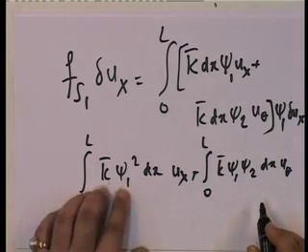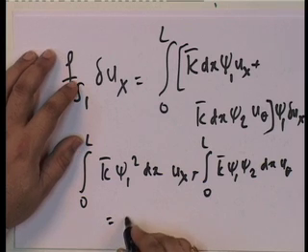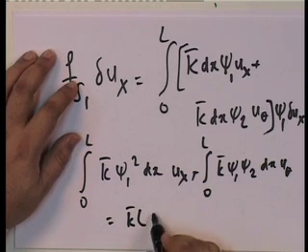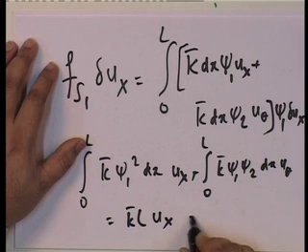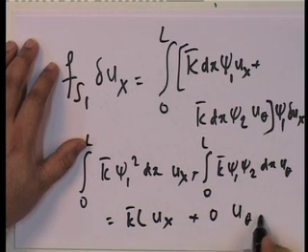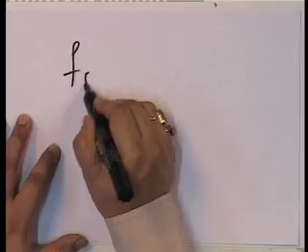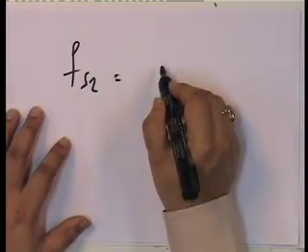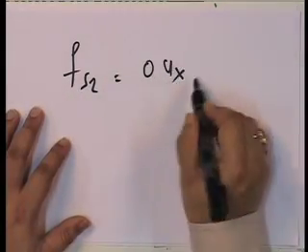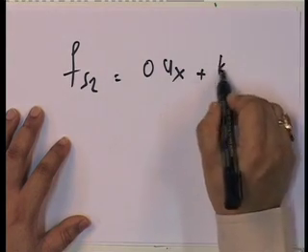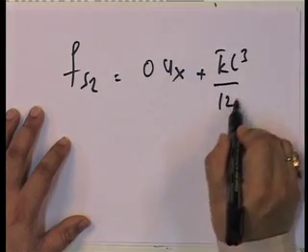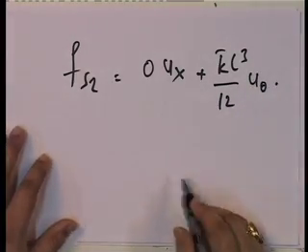Since we have already derived these, this one turns out to be k bar L u x plus 0 into u theta. That is f s 1. In similar fashion, we will get f s 2; I do not want to go through the process. You will get it equal to 0 into u x plus k bar L cubed upon 12 into u theta.